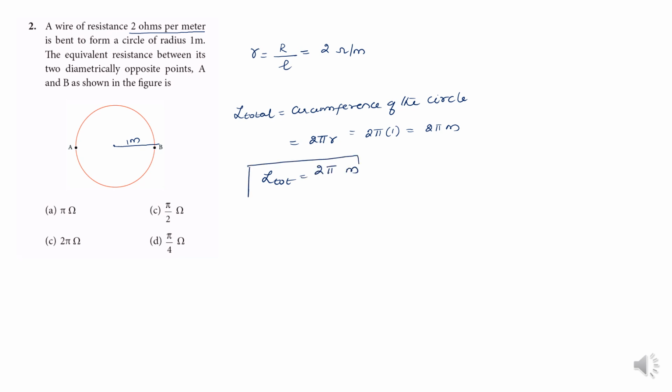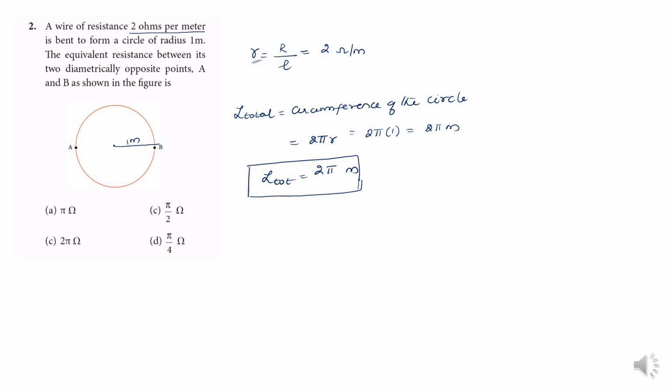So 2 pi meters of length of wire is taken to bend it in the form of a circle of radius 1 meter. But what is the total resistance involved? The specific resistance r is equal to R by L, which is 2 ohms per meter.